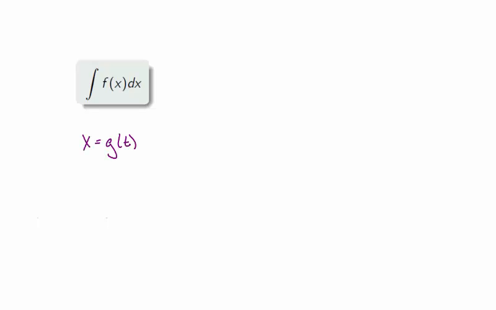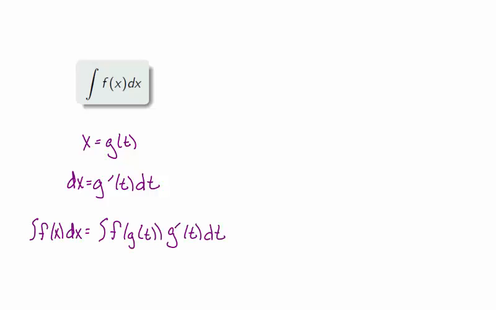So x is equal to g of t for some function g. Then dx is equal to g prime of t dt, and we can rewrite our original integral as the integral of f of x dx is equal to the integral of f of g of t times g prime of t dt. This procedure is sometimes called an inverse substitution.